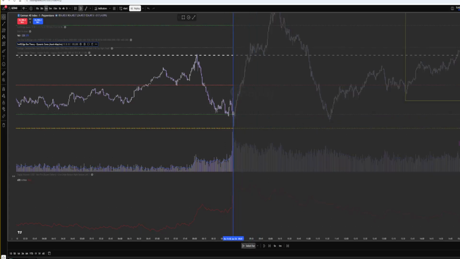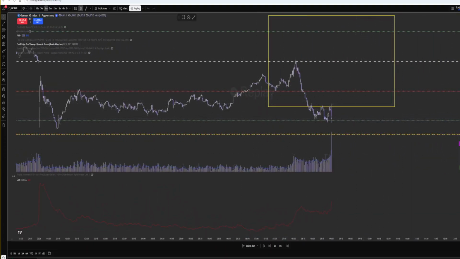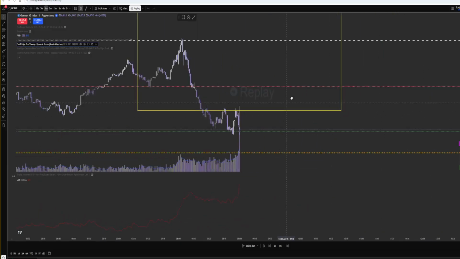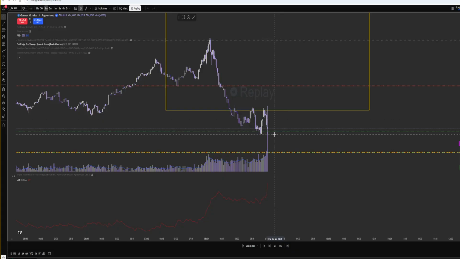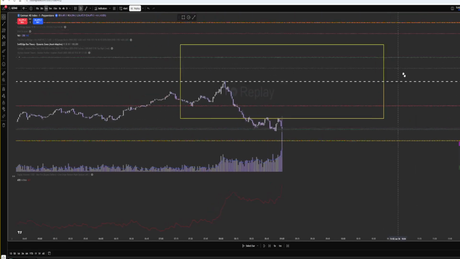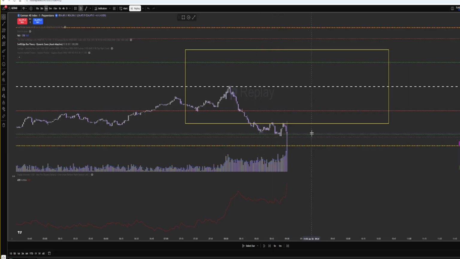The box, of course, is gonna move with the day, so you always have it. You can use price action, and just use the yellow box as a guideline: where is the price most likely to be during the day? So it's kind of like a GPS for the day.